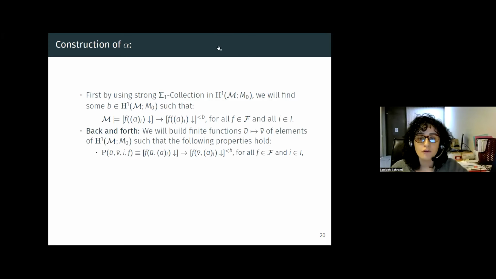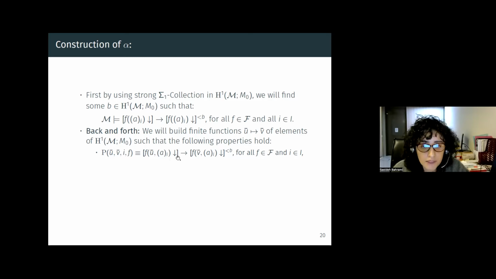So we want to inductively build finite functions u into v, of elements of H1 of M and Z, such that these two properties hold. The first property is this P of u and v, for all i in I and for all partial sigma 1 definable functions.